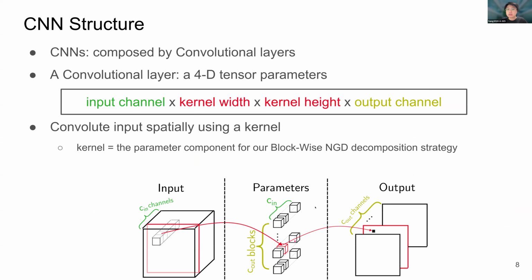This figure illustrates the mechanism of a convolutional layer, and it uses a kernel to convolve the inputs spatially, so that elements near each other are convolved to the same output. To collect more local features, a convolutional layer is designed to have multiple channels.